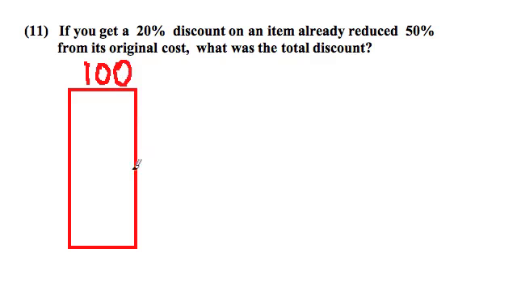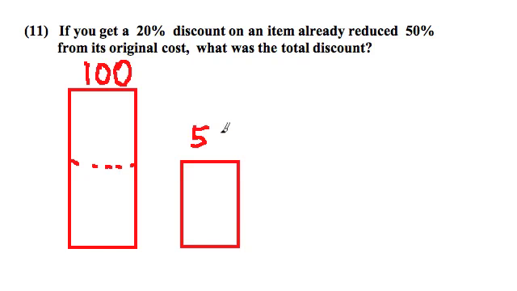So if it's reduced 50%, the new amount would be $50 after the first discount. And note that you should be wary that 70% seems like too easy of an answer.